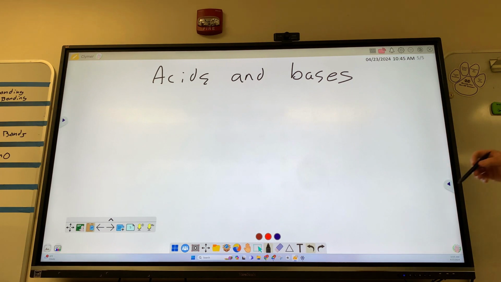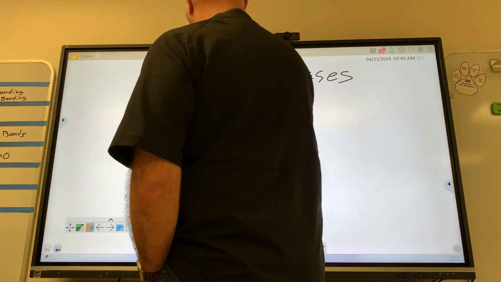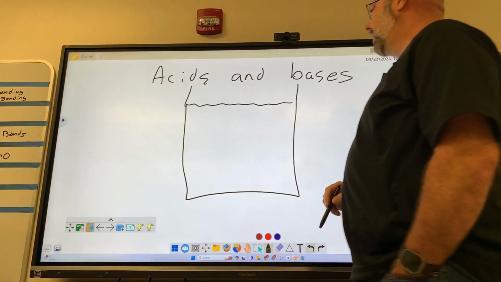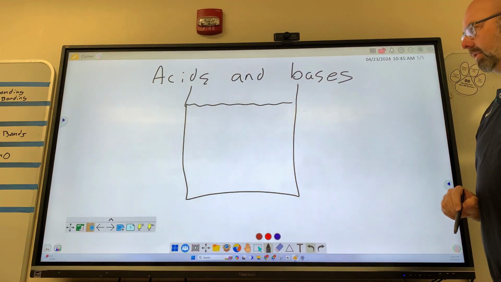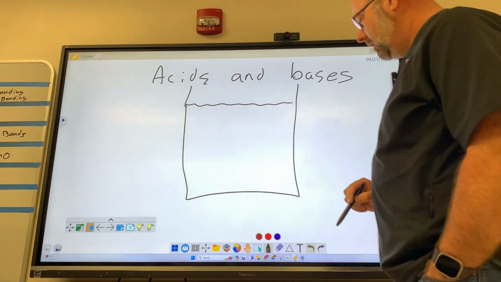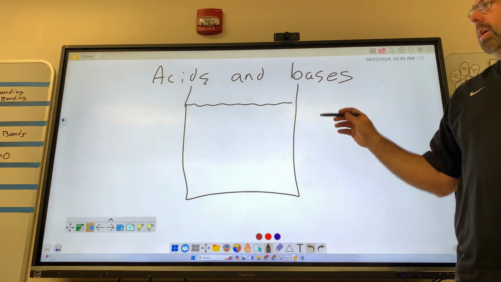Inside of a solution of water, here's our beaker of water. God, that looks awful. You know what, I'll figure it out later. So here's our water.